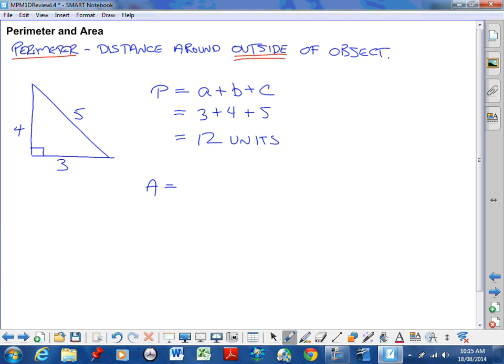Now I picked triangle for a particular reason. It's because of the formula. I was always taught it's 1/2 base times height. Some people have it as base times height divided by 2. It's the same formula, so you run with the one that's most comfortable for yourself. Doesn't really matter to me which one you pick.